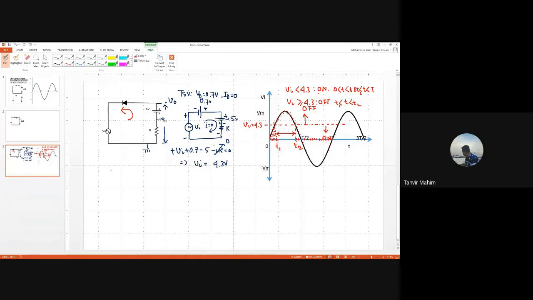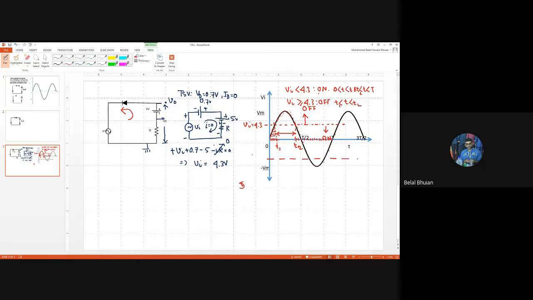If the orientation of the diode is the same, whether Vi is positive or negative doesn't matter. All that matters is the orientation of the diode, the anti-clockwise direction. For example, I just draw it here.